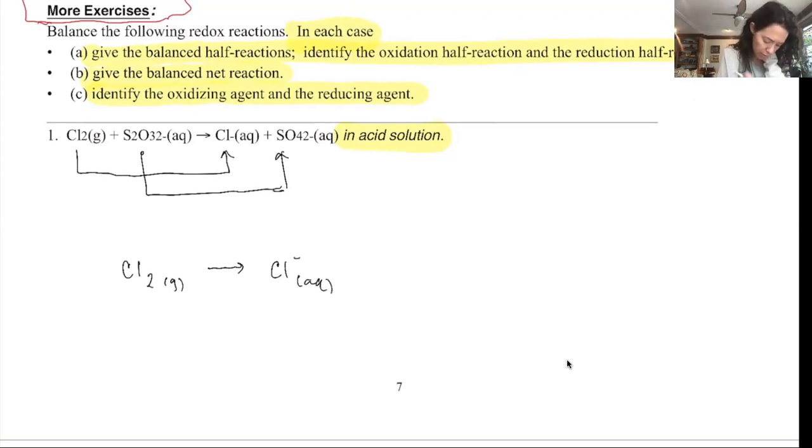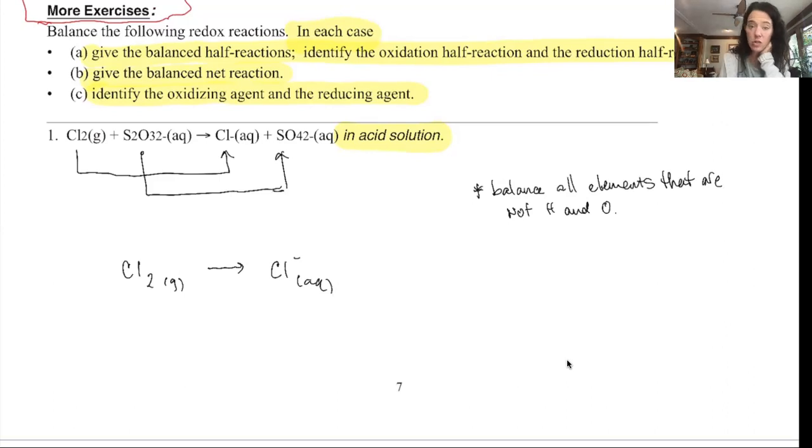So if that's going to bother you, first step, balance all elements that are not hydrogen and oxygen. Students always forget to do this too. Okay, well, that's easy. I'll put a 2 here.